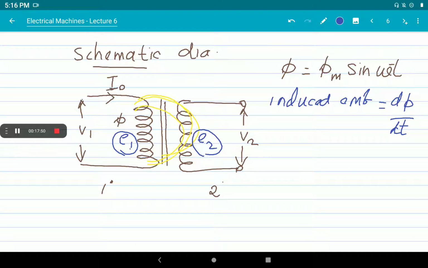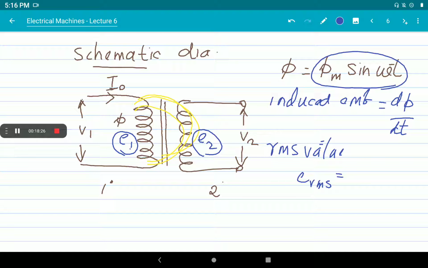Here it is E2. So the induced EMF can be represented as d phi by dt, the rate of change of flux, where we already know the flux is phi m sin omega t.